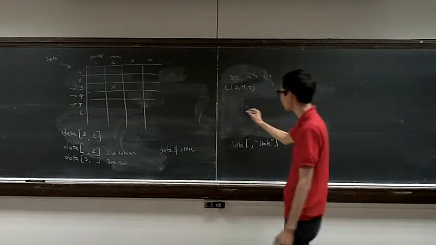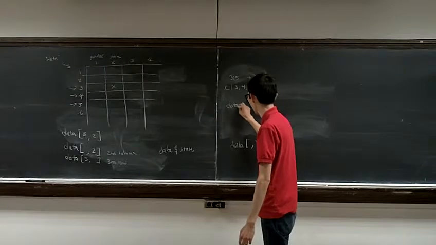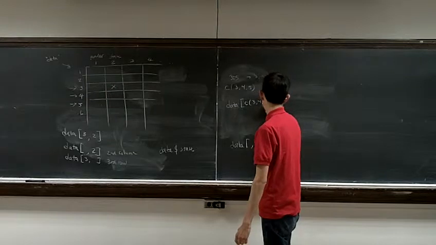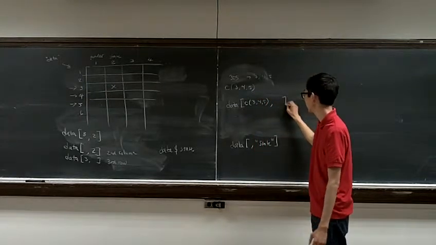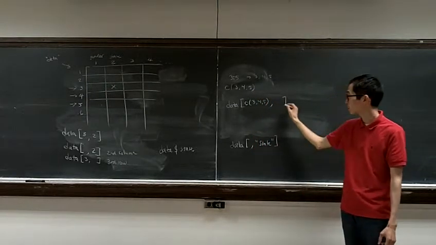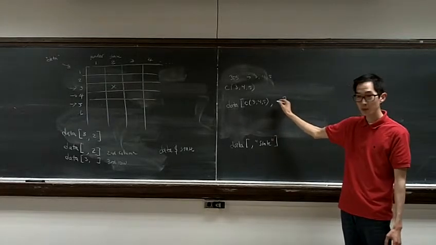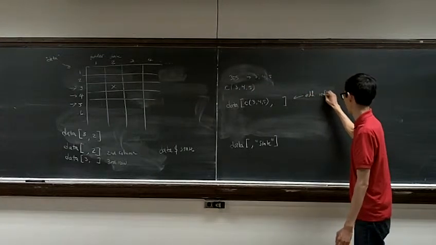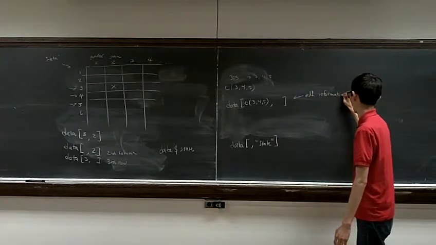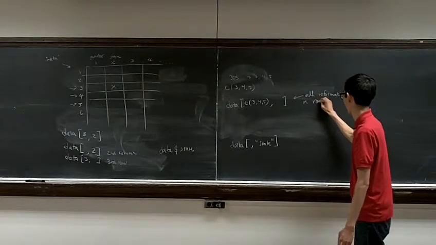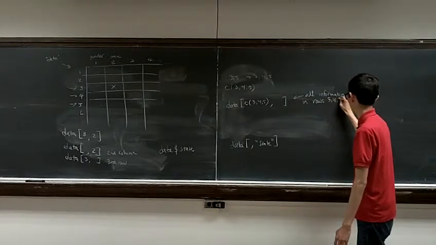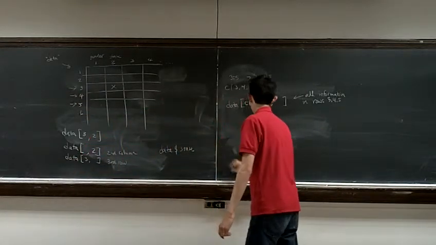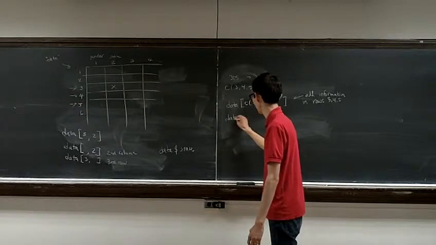Okay, so I can say data bracket 3, 4, 5 like that, comma blank. Okay, and that will give me all the information in rows 3, 4, and 5. I can also specify the column I want.